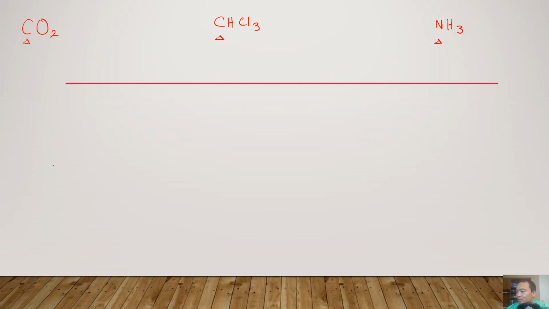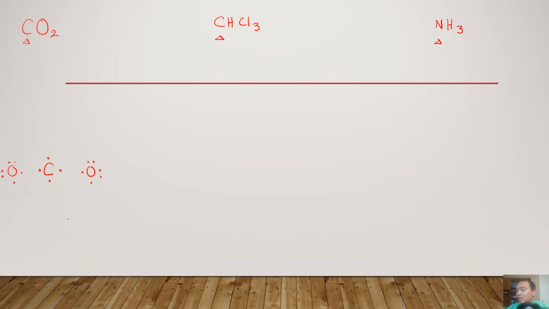Step 1, you surround the center carbon, which has 4 valence electrons, with outer atoms. Over here, that's 6 valence electrons for each oxygen. So that's step 1.